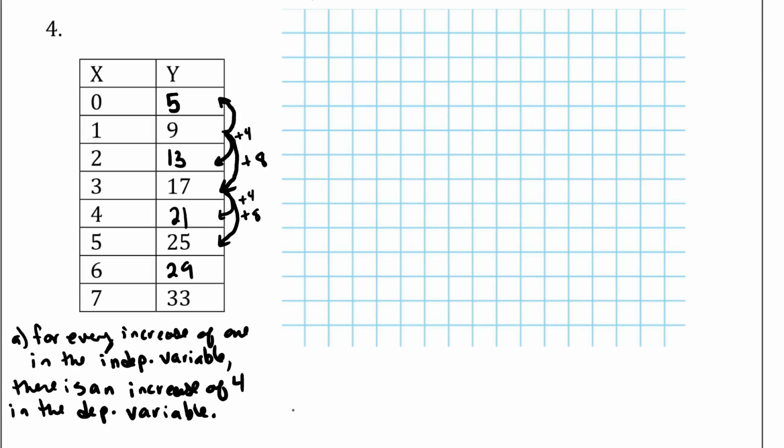Now if we were to create an expression, I would say 4x plus our constant, which is 5. If I were to create an equation from that, I would say y equals my expression, 4x plus 5.